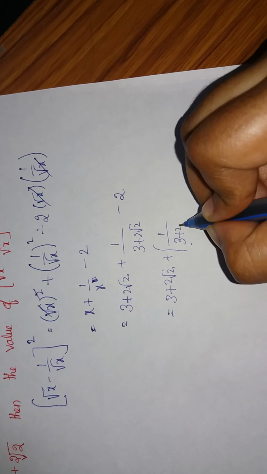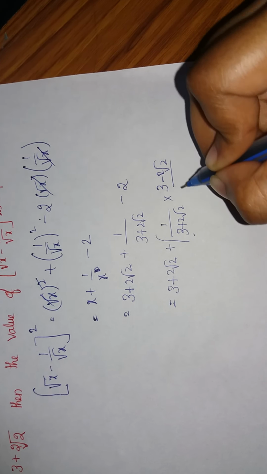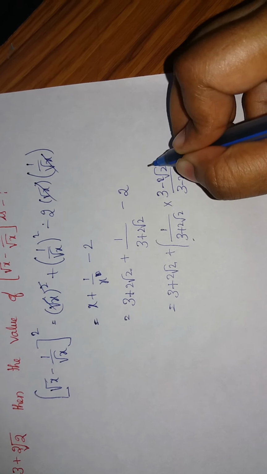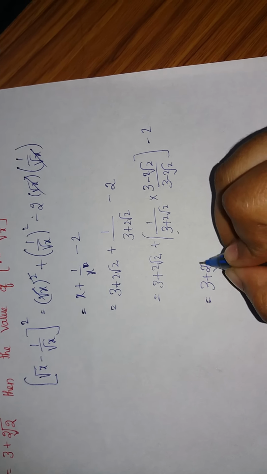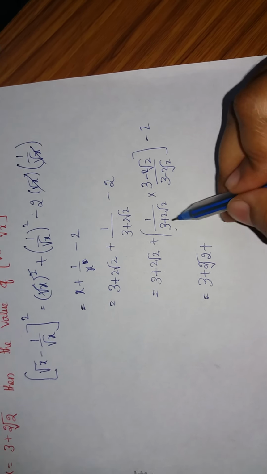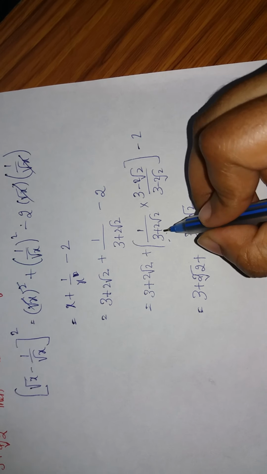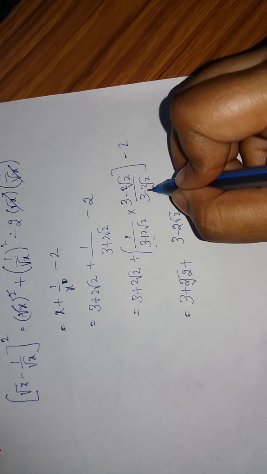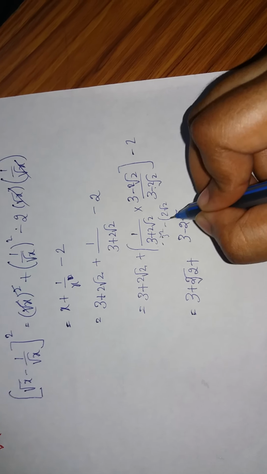So 3 plus 2 root 2 into 3 minus 2 root 2 by 3 minus 2 root 2, minus 2, that is equal to 3 plus 2 root 2. So what can we get here? 3 minus 2 root 2 as numerator, and a plus b into a minus b is a square minus b square, 3 square minus 2 root 2 whole square.